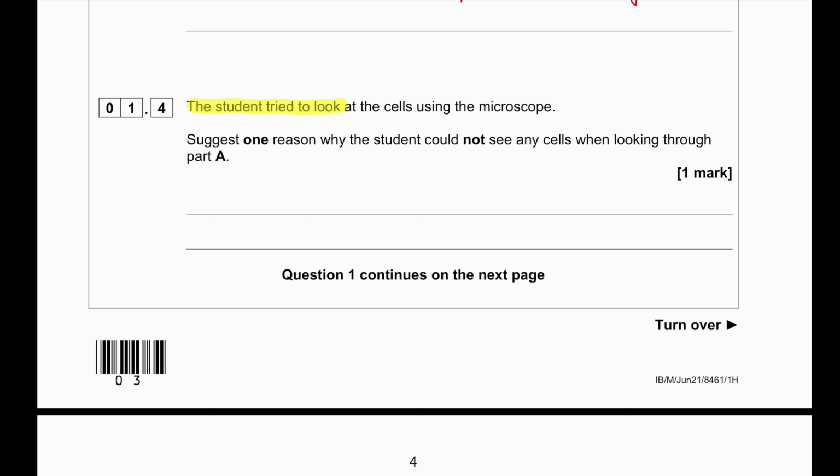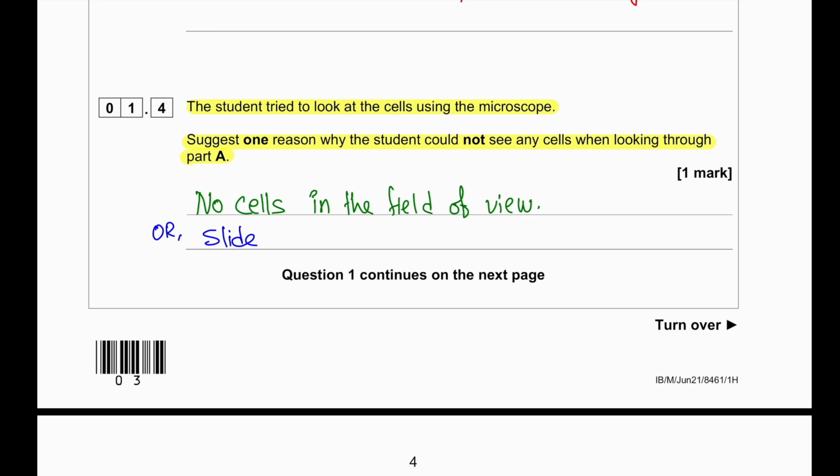The student tried to look at the cells using the microscope. Suggest one reason why the student could not see any cells when looking through part A. There can be many possible answers for this particular question, and this question is very common whenever a microscope question is asked. First point would be no cells in the field of view when the student was viewing through the eyepiece lens.